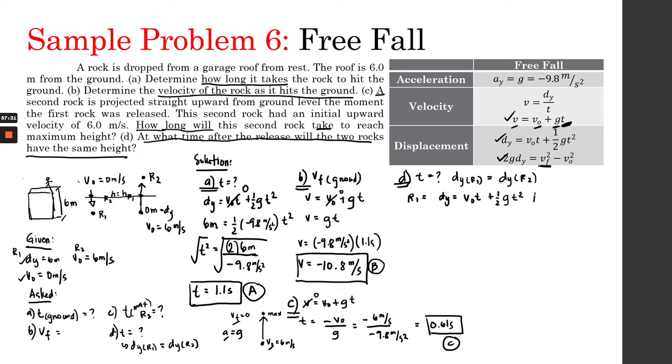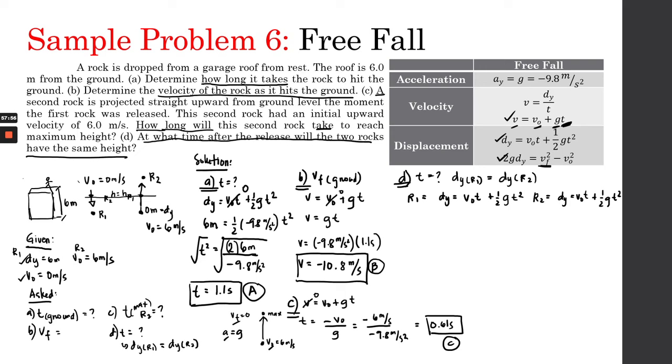And for rock 2, the same thing. The travel for rock 2 would also be equal to dy is equal to the initial velocity times t plus 1 half g t squared. But what we're looking for is the distance that the dy should be equal to each other.